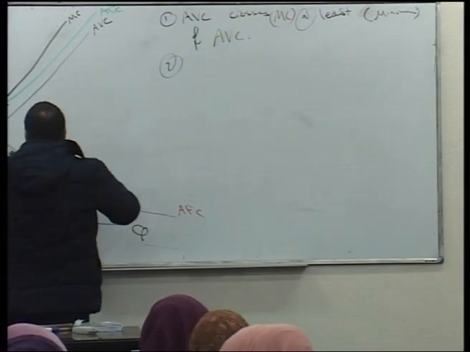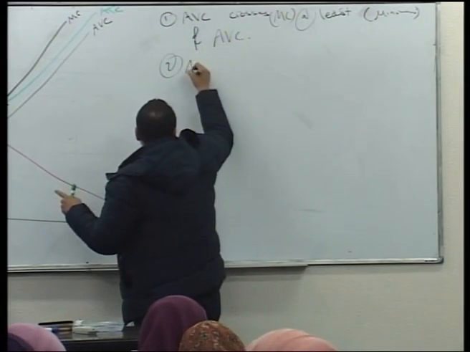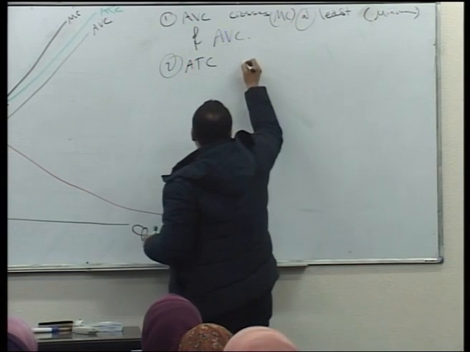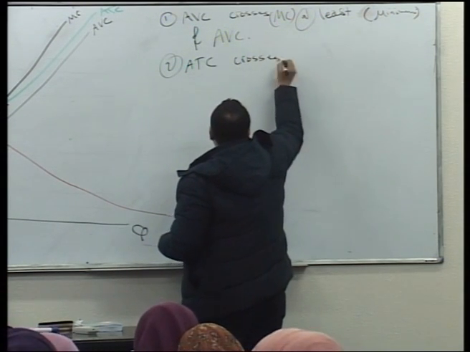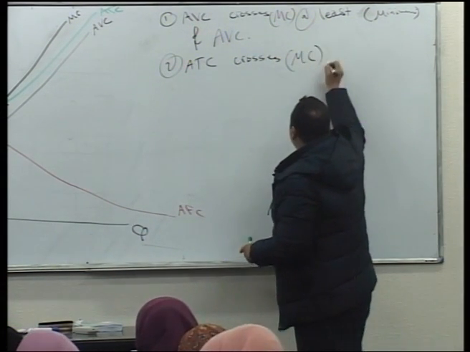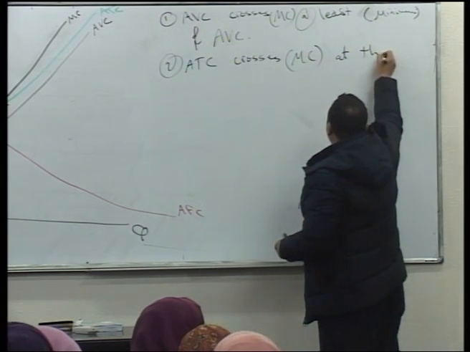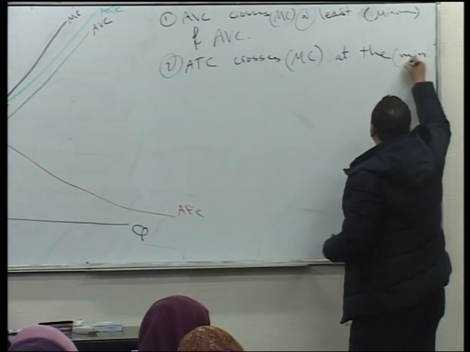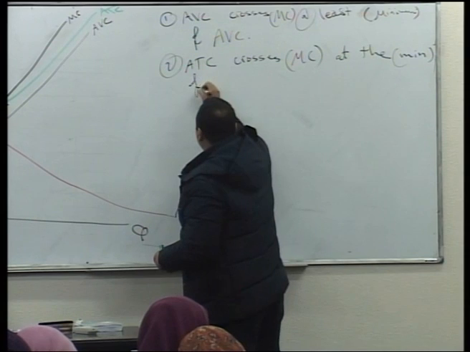Number 2, ATC crosses the MC curve at the least or the minimum of ATC.